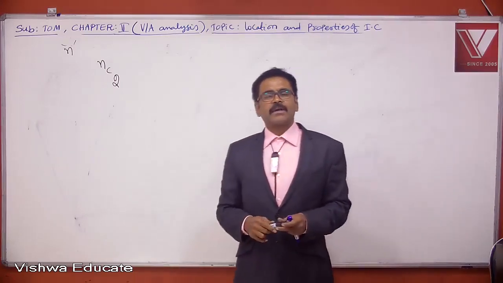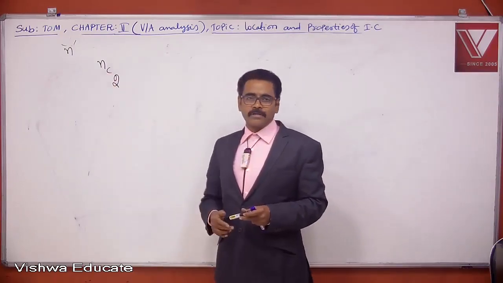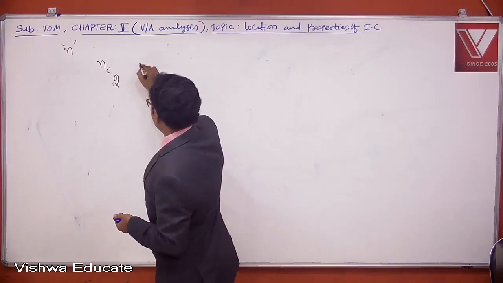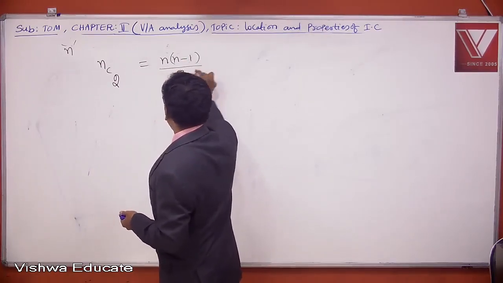If any mechanism carries n number of links, in that mechanism, NC2 number of pairs you can form. So what is this NC2? If you expand this NC2, you will get n into n minus 1 by 2.